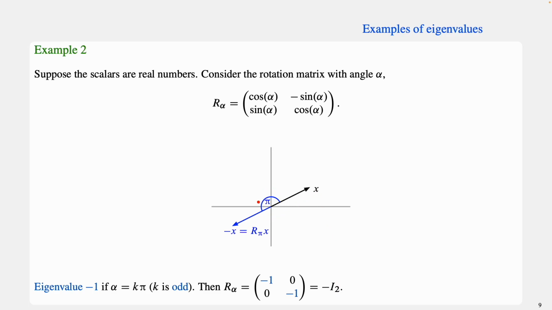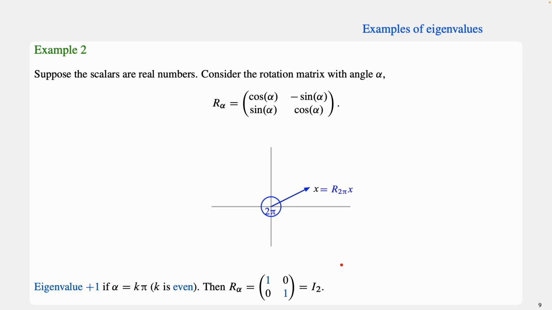This is just a rotation by pi, or 180 degrees. So minus x is on the same line as x, so it's an eigenvalue minus 1 for every single vector in the plane. So the whole plane consists of eigenvectors.